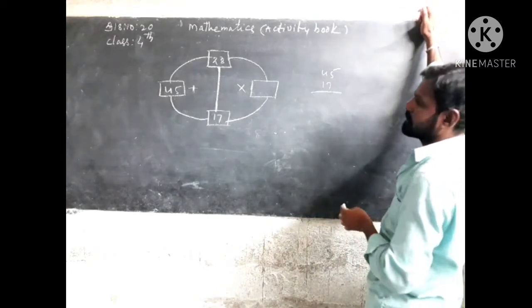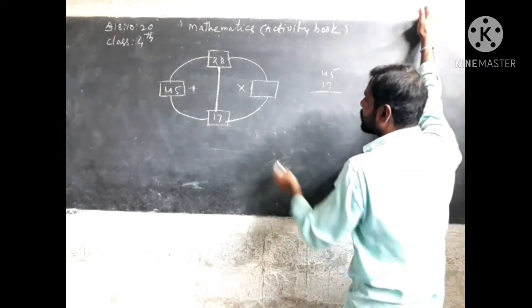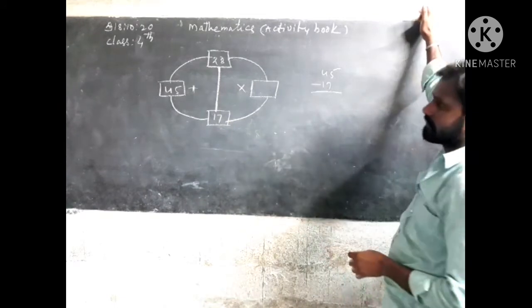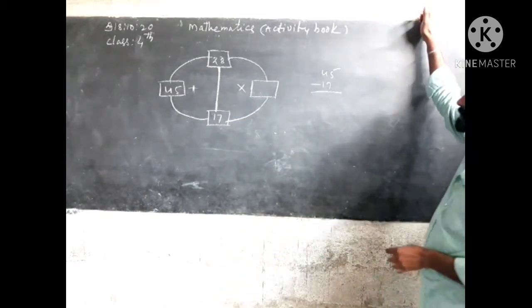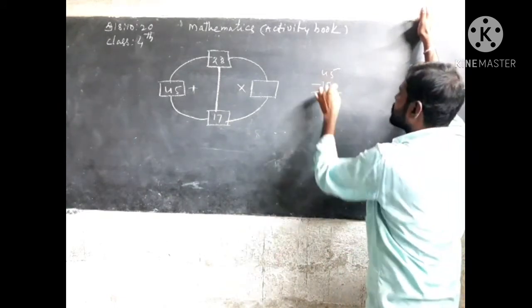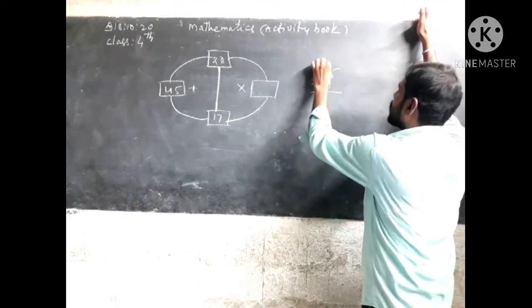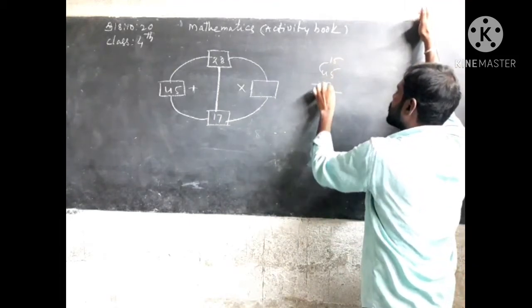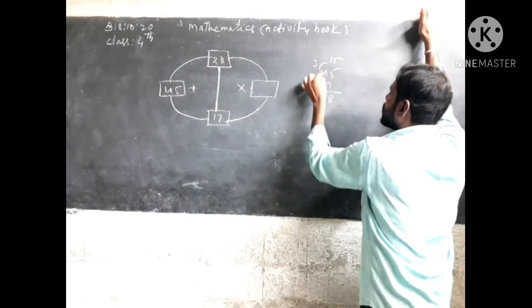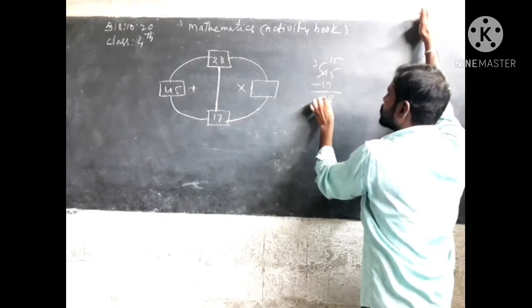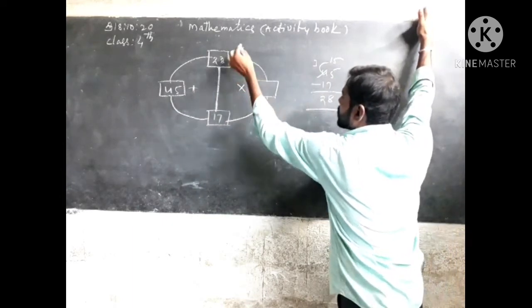Possible? Not possible. See, 45 minus 17. 5 minus 7 possible? Not possible. Take borrowing, here 15. 15 minus 7, 8. Cut it. 3 minus 1, 2. 28.